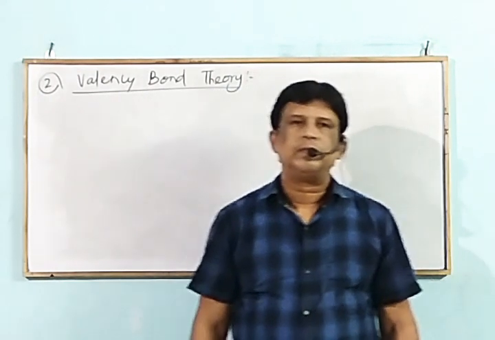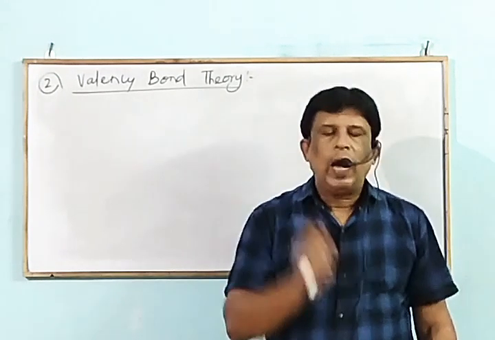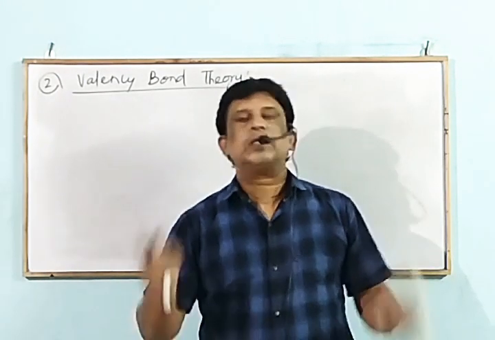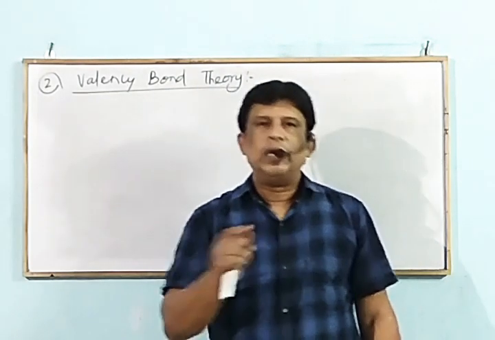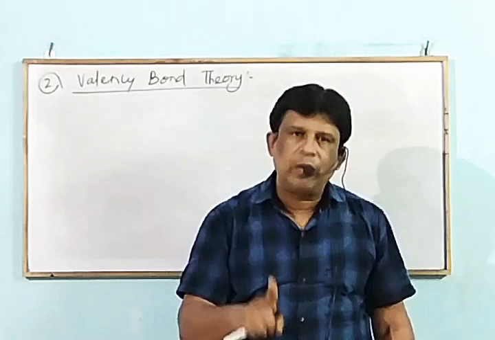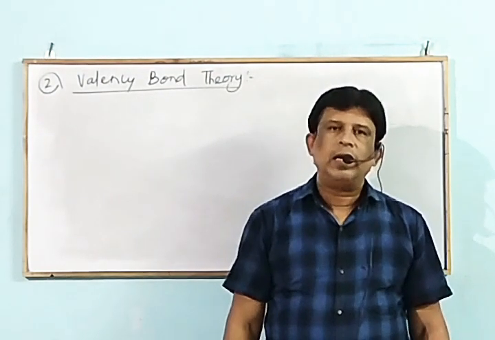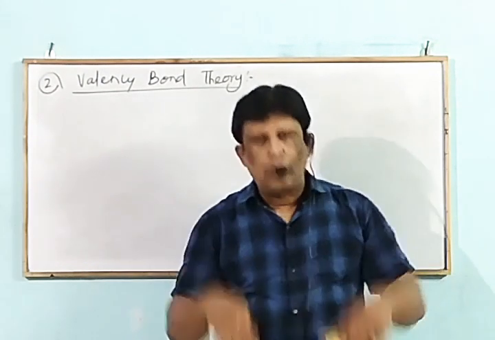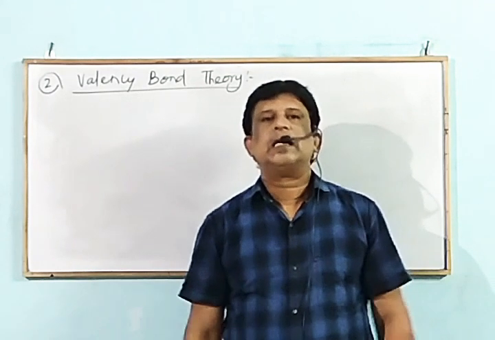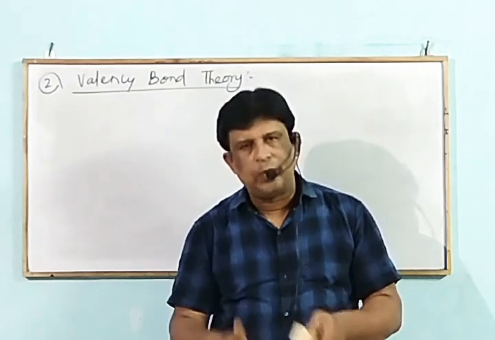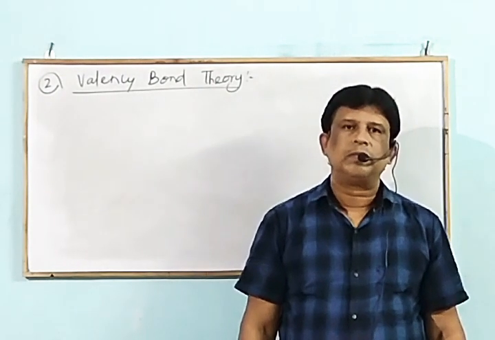Next point. While accommodating ligand electrons, the central metal atom may use its hybrid orbitals involving s orbital, p orbital as well as d orbitals. I repeat again. In order to accommodate the ligand electrons, the central metal atom uses its hybrid orbitals, s orbital, p orbital and d orbital, for accommodating ligand electrons.